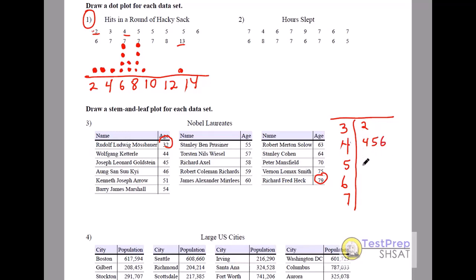In the 50s, I see 51, 54, 55, 57, 58, and 59. In the 60s, we have 60, 63, 64. In the 70s, we have 70, 75, and 79. This would be a stem and leaf plot indicating all the data.